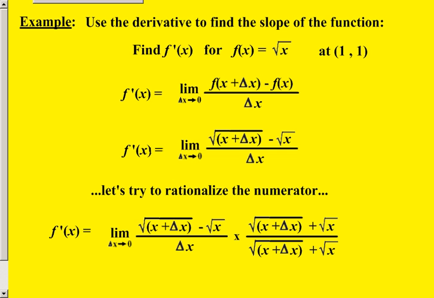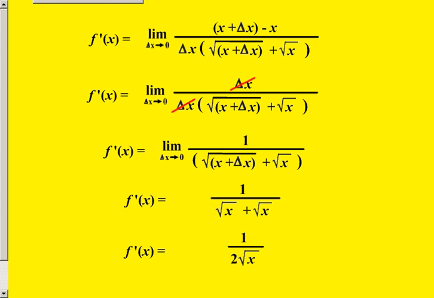And of course, whatever you do to the numerator of a fraction, you must also do to the denominator. And so essentially what we are doing here is we are multiplying that fraction by 1.